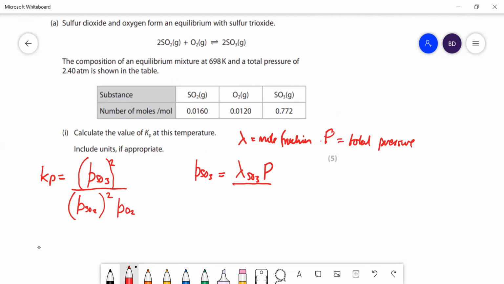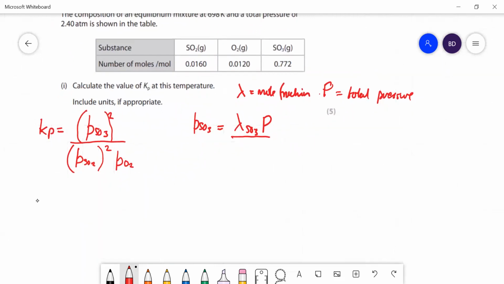Right, so I'm going to substitute the mole fraction and P into the Kp expression. Okay, I'm going to do that now. So Kp is going to be equal to mole fraction of SO3 times P all squared, divided by mole fraction of SO2 times P all squared, multiplied by the mole fraction of O2 times big P, the total pressure. I'm going to expand out those brackets.